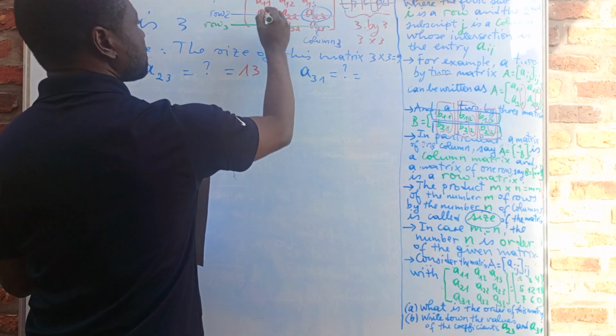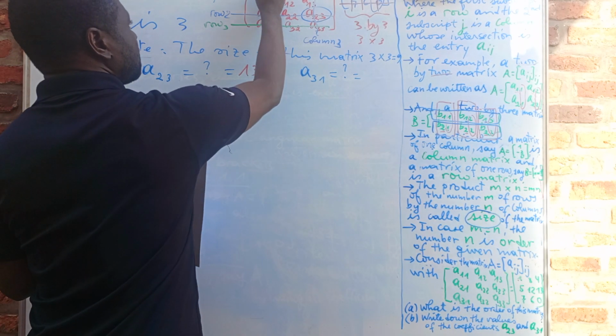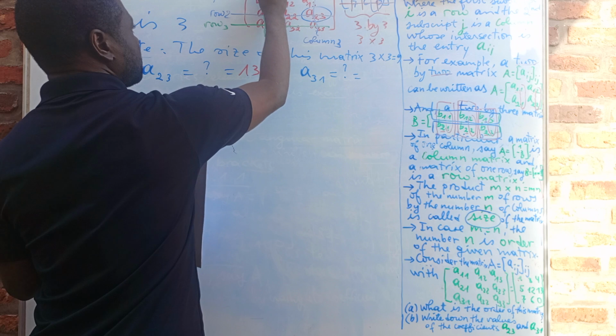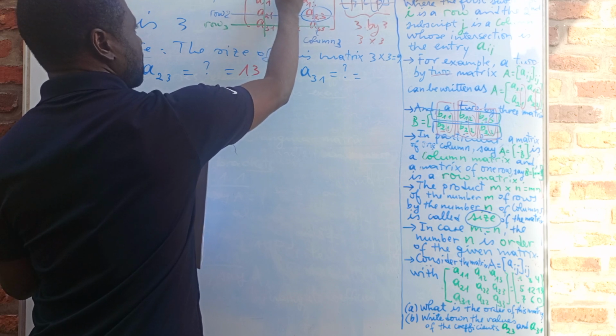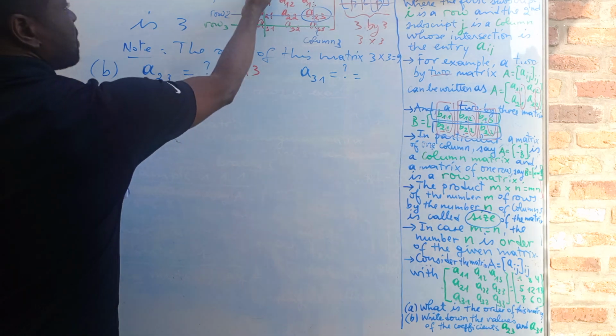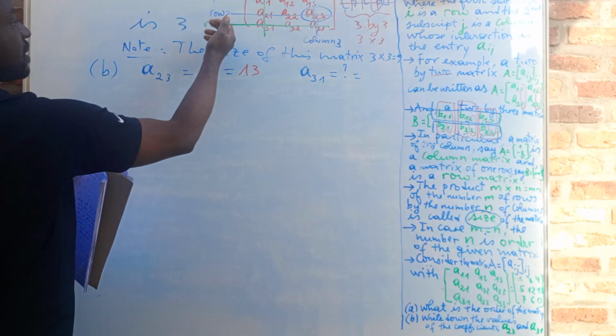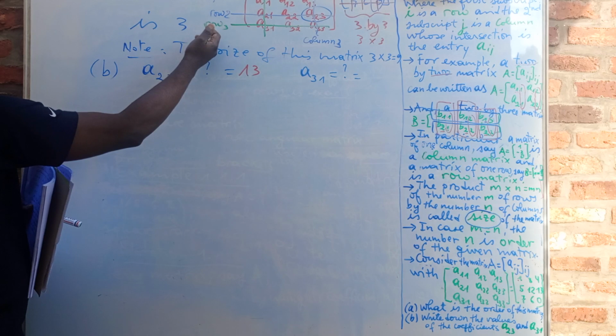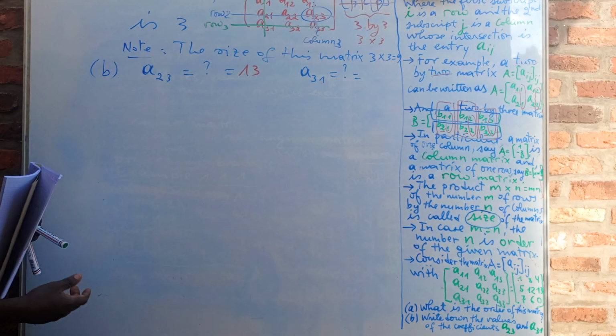So first column, column 1, or column 1, third row or row 3. Same.